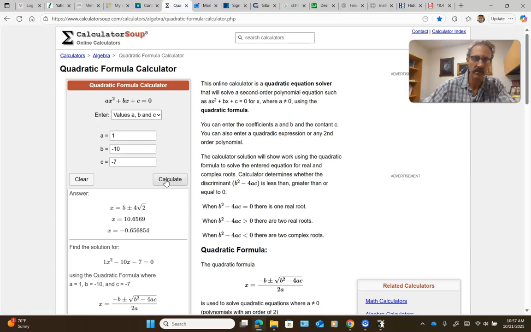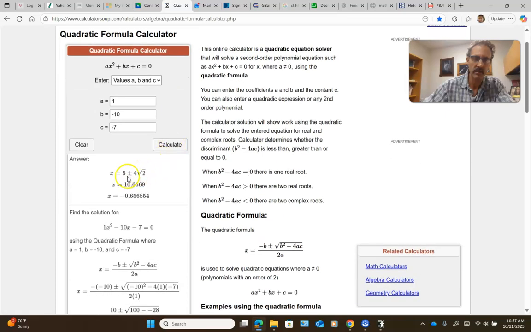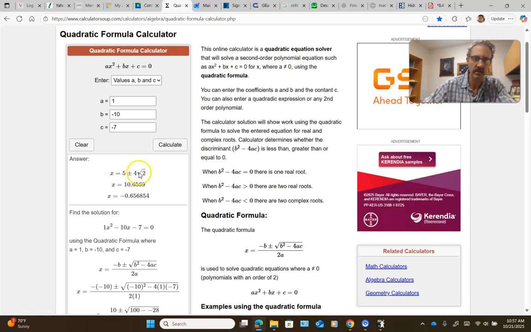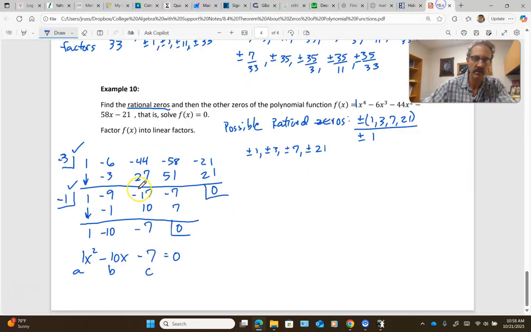Calculate, and look, in fact these last two zeros are irrational because they involve this square root of 2, and they do come in pairs. Remember that? Conjugate pairs. 5 plus and minus 4 square root of 2. Those are my last two zeros. X is equal to 5 plus and minus 4 square root of 2.